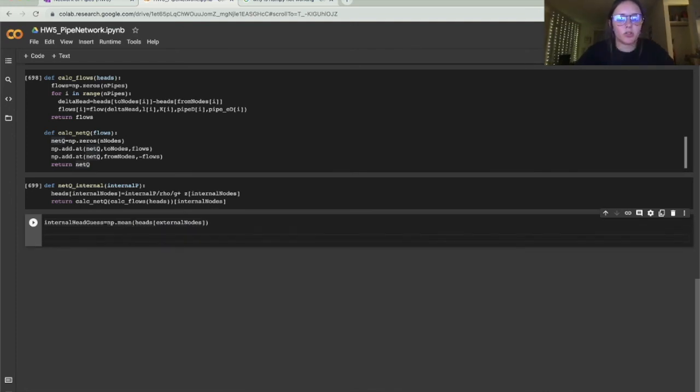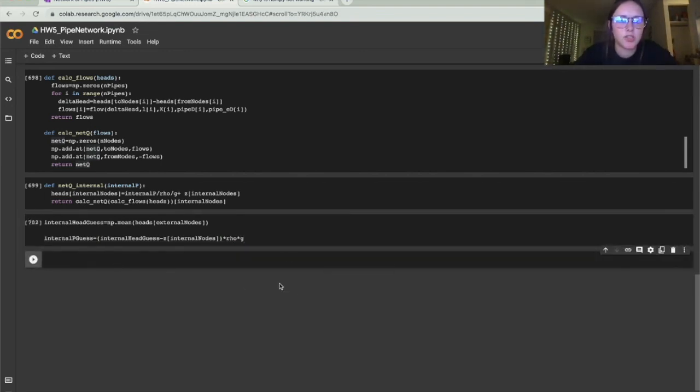And then we're also going to make a guess for the internal pressure. And so how we're going to get this is we are going to use this internal head guess, and we are going to subtract the height of the internal nodes, and then we are going to multiply by rho and g.